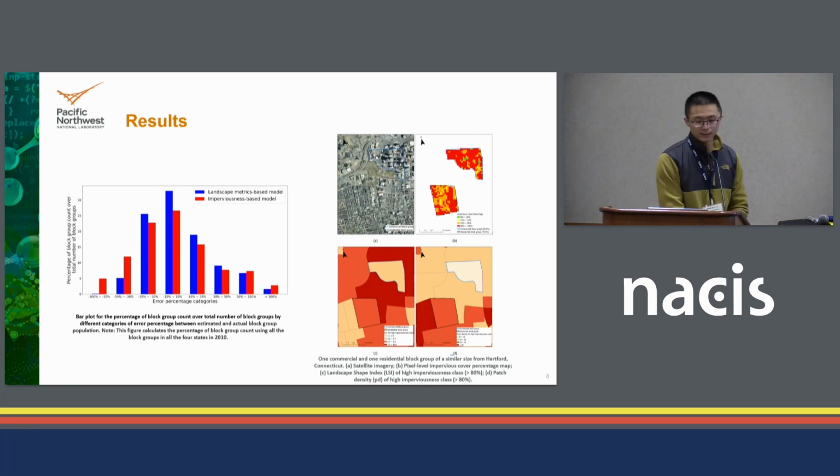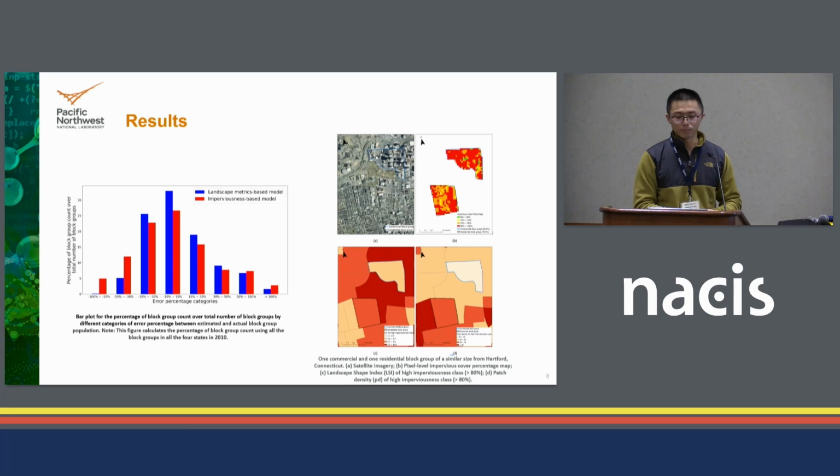And so this figure shows two block groups in Connecticut. One block group is a residential high imperviousness block group. Another is a CBD-based high imperviousness block group. These two block groups have almost the same total imperviousness value, and they have almost the same area.